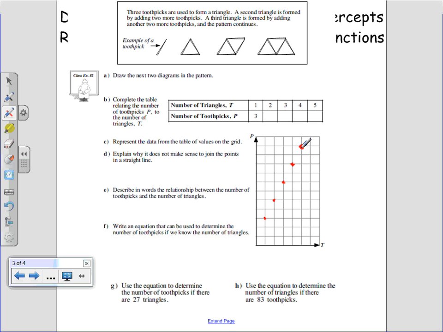So what you could do is exactly what Josh had talked about earlier in the class. You could use your domain and your range. So what does your domain have to be for this equation to work, Pat? What's the lowest value of t that would make sense? 1. 1 is less than or equal to t.